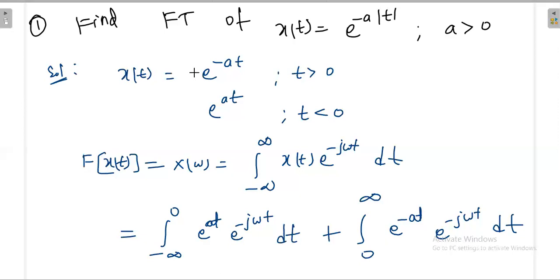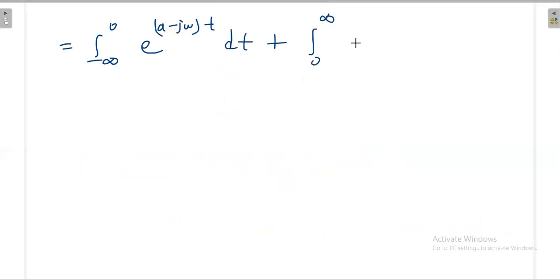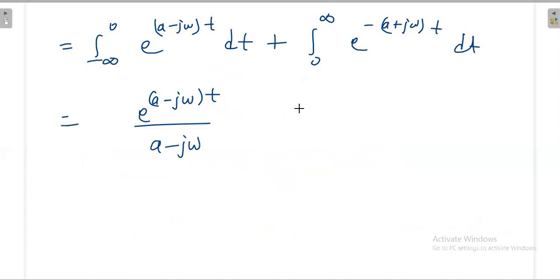So further, integral from minus infinity to 0 of e power (a minus j omega) t dt plus integral from 0 to infinity of e power (minus a plus j omega) t dt. Then the integration is e power (a minus j omega) t divided by a minus j omega, plus e power (minus a plus j omega) t divided by minus a plus j omega.